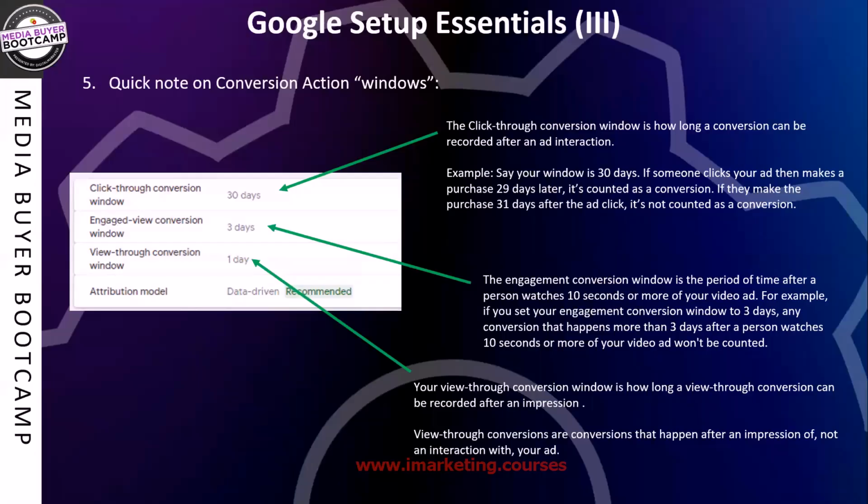And it depends on the volume of traffic that you're sending through. So just leave it to data driven. That's basically the default that we leave it to. I'm sure you're going to have some questions about this, so I can answer them afterwards for you. No problem at all.